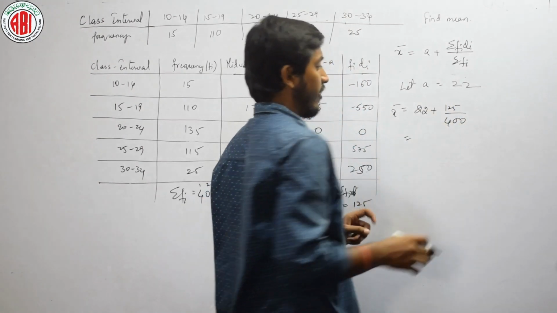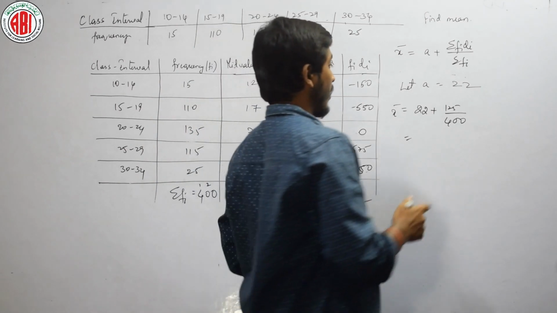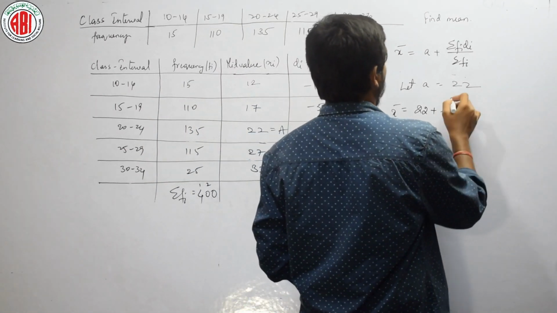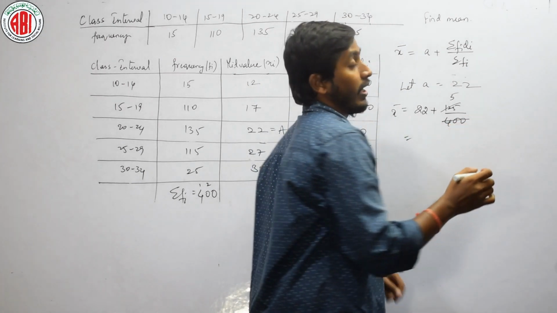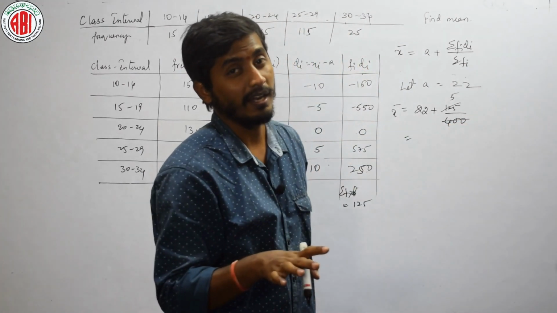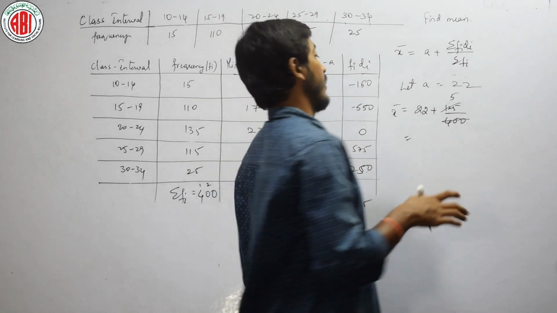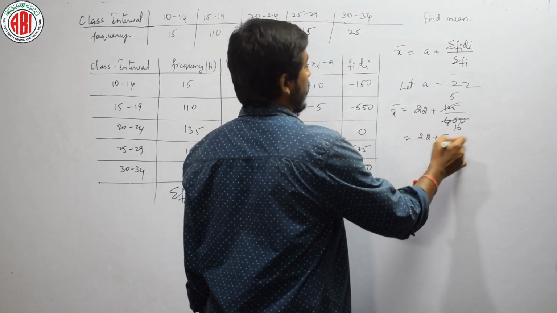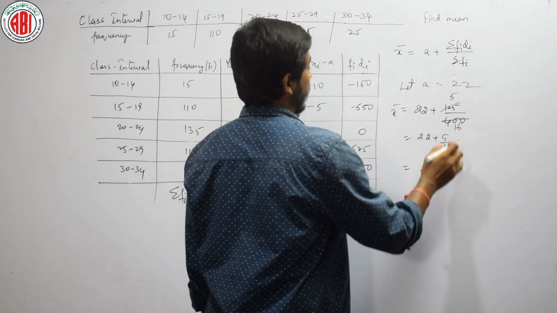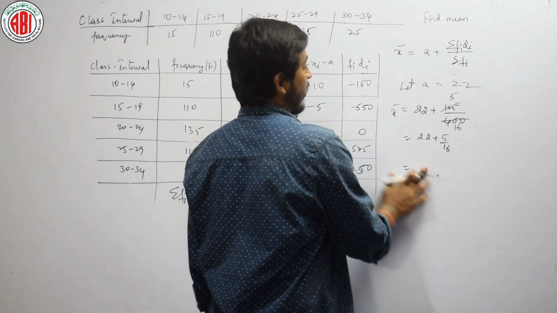Do we get 400 and 125, or else we know the table of 25, right? 25 5s are 125, 25 4s are 100, 25 into 16 is 400. So the next, 22 plus 5 by 16. The next step is we have to do LCM, or else divide this 5 by 16.